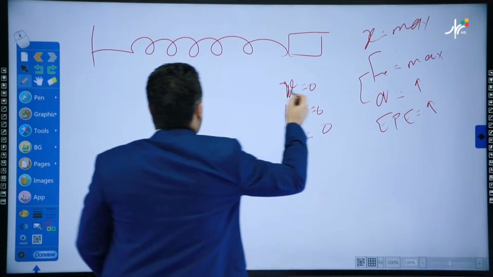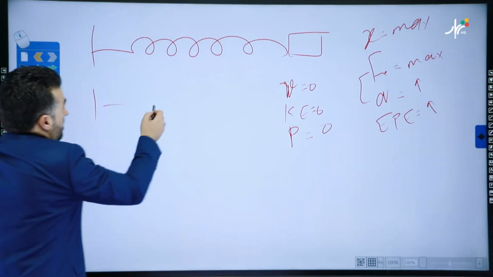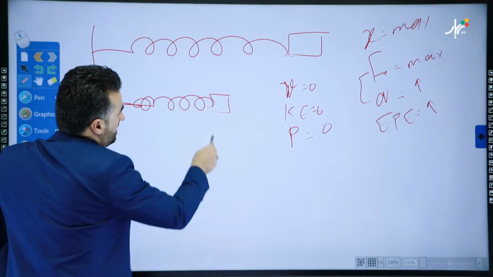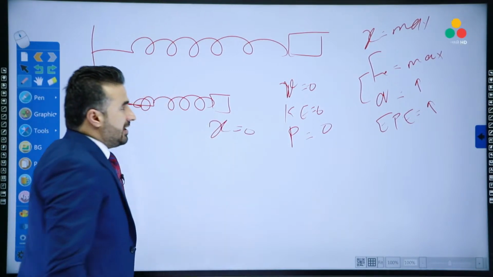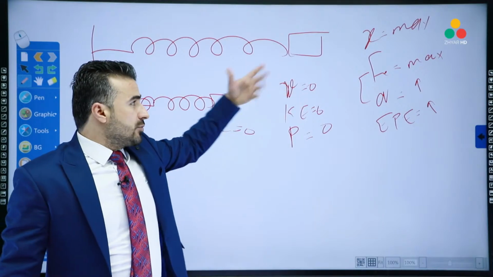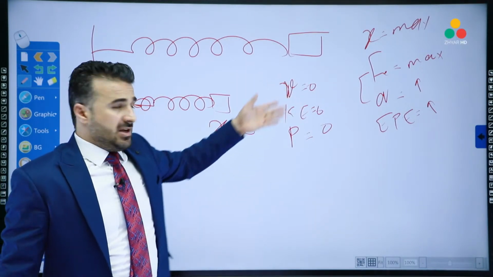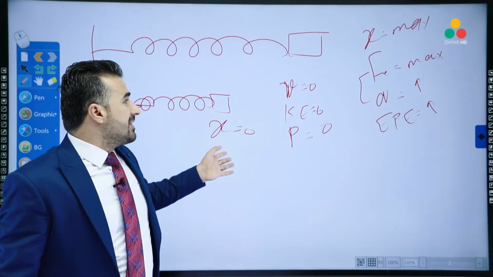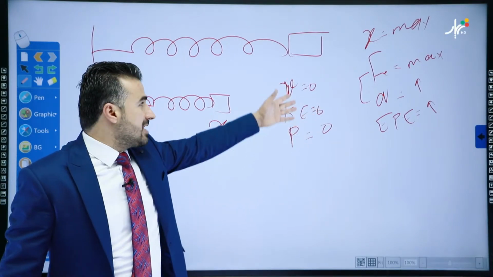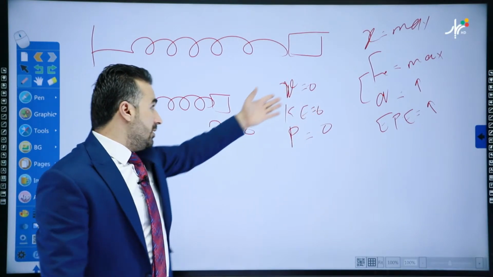What happens when you let it go? It goes back to the equilibrium position, yeah? If it is at the equilibrium position, let's say x is zero. If x is zero, that means the elastic force, the restoring force, will be zero, and the acceleration will be zero, but then all this elastic potential energy will change to kinetic energy, which means that the velocity in this case will be maximum.